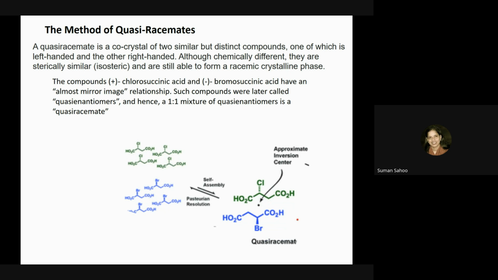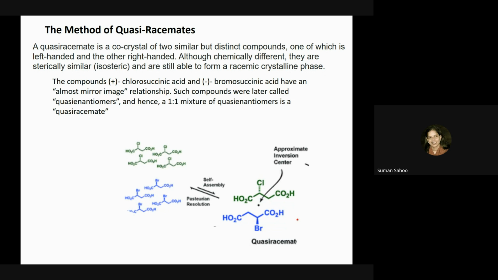You just see, this one is chlorosuccinic acid and this one is bromosuccinic acid. The chlorine is down the plane and the bromine is up the plane.